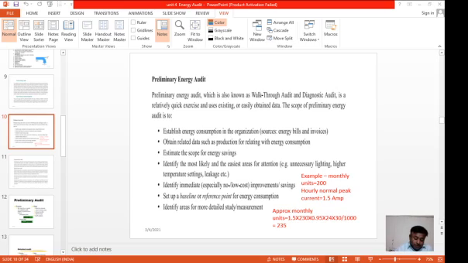Then you should go through different equipments like transformers and check whether they are working properly or not, just by overall observation, and also check whether they are derated, that is, being utilized below their installed or available capacity.